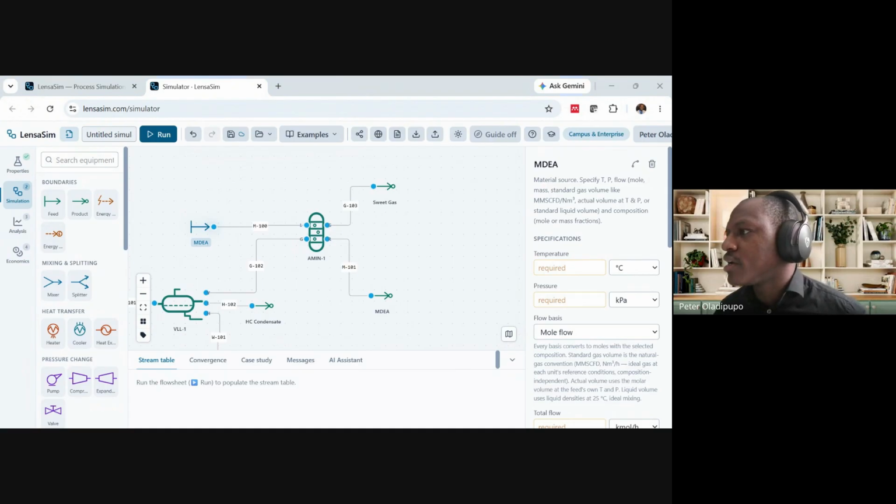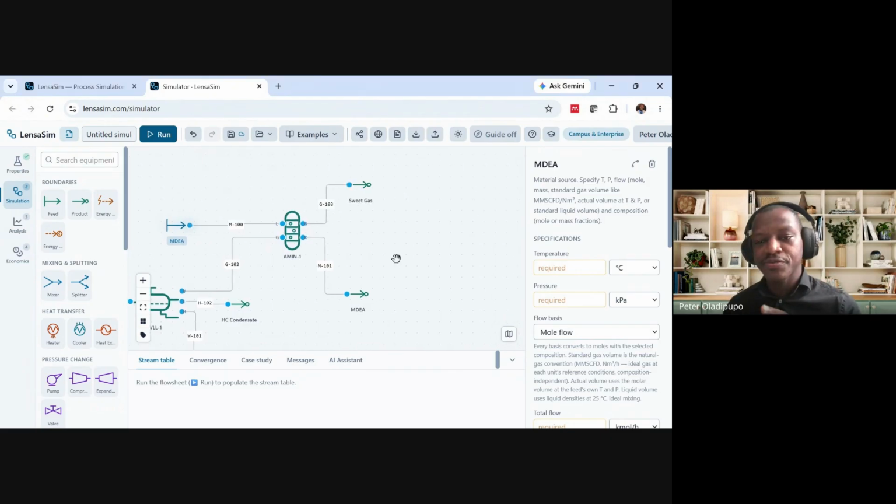So it comes in not as pure MDA, it comes in with water. Okay, so it's coming as 45 weight percent MDA, the remaining being water.